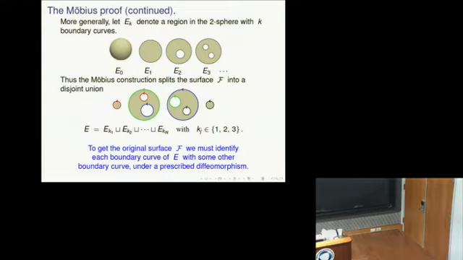We've taken an E1 and E3 and pasted them together and get something with only 2 boundary curves. And 1 plus 3 minus 2 is 2.